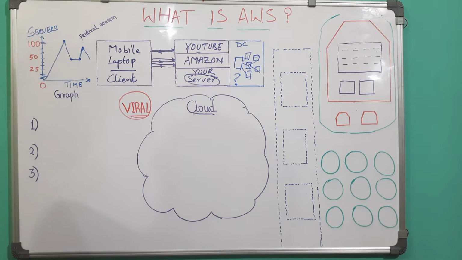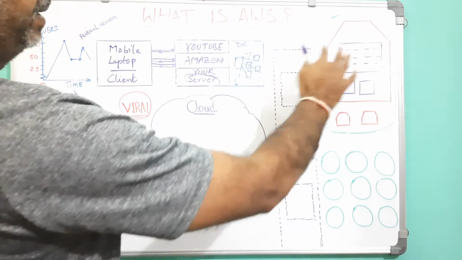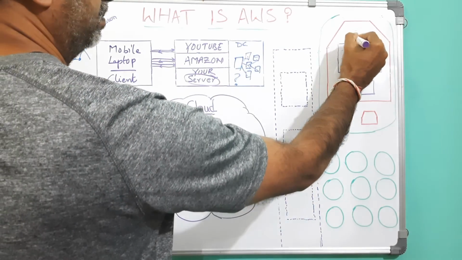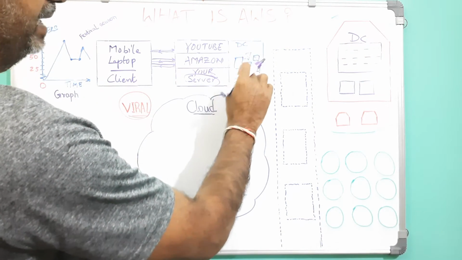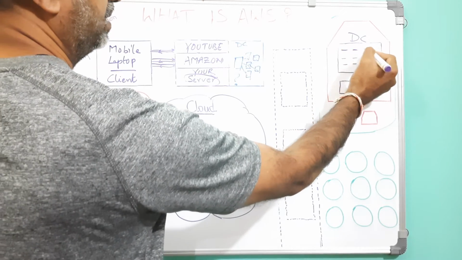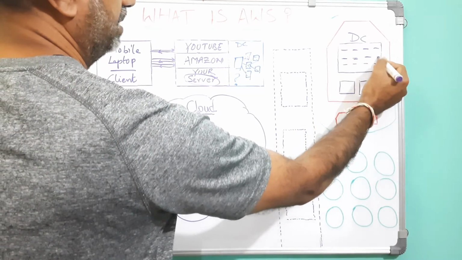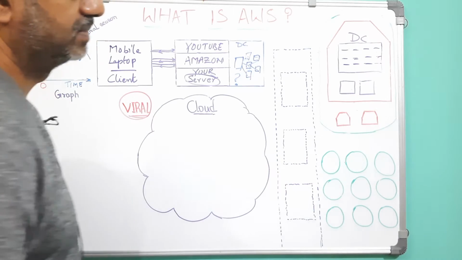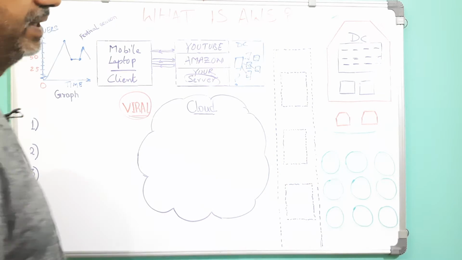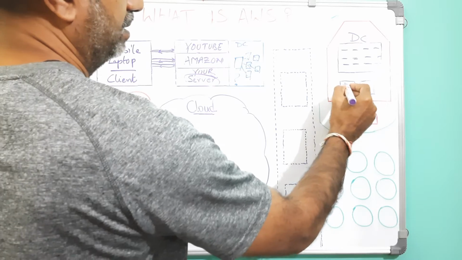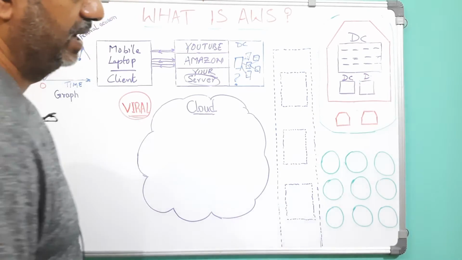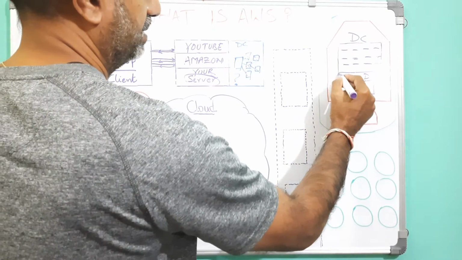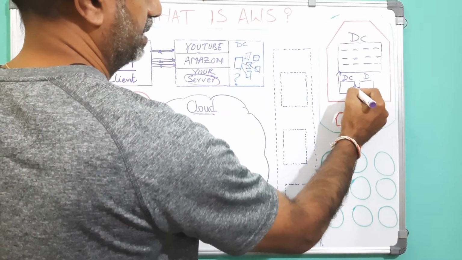So what Amazon has done is basically they have built a data center here, which would actually have servers like what you had, right? Many servers in their data center, actually thousands and thousands of them. And what they did is that they actually created a lot of data centers like this, and then they have connected these data centers with high speed network connectivity.